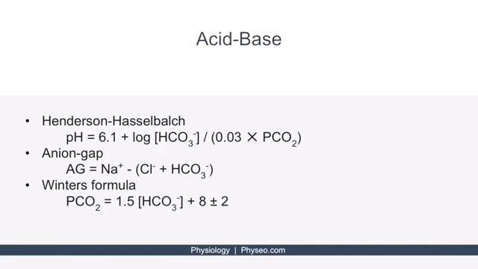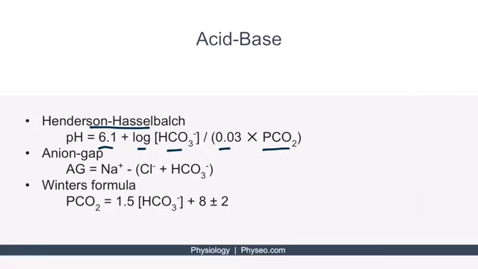The focus here is simply to introduce the formulas. I'll be discussing these in much more detail in the section on acid-base. So there are 3 acid-base formulas that commonly show up on step 1. The first is the Henderson-Hasselbalch equation, which is pH equals 6.1 plus the log of bicarbonate divided by 0.03 times the partial pressure of carbon dioxide.